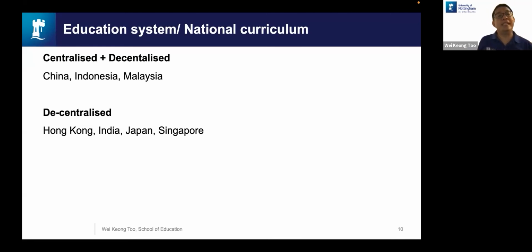Now, when it comes to decentralized, these countries as well as one region allow the teachers to have autonomy by not providing a prescribed curriculum. They provide either guidelines, like in Japan. In Singapore as well, they provide guidelines for the teacher as well as the outcome.